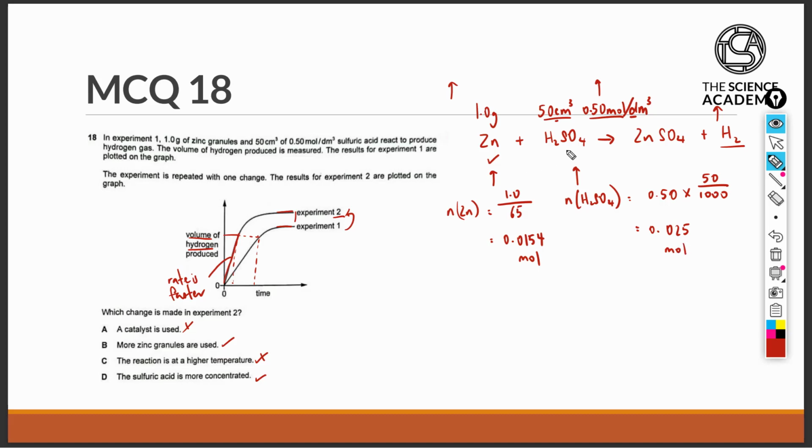Comparing the amount of zinc and sulfuric acid in terms of the number of moles, we know that zinc is the limiting reagent, and we can think of the acid as the reactant that is in excess.